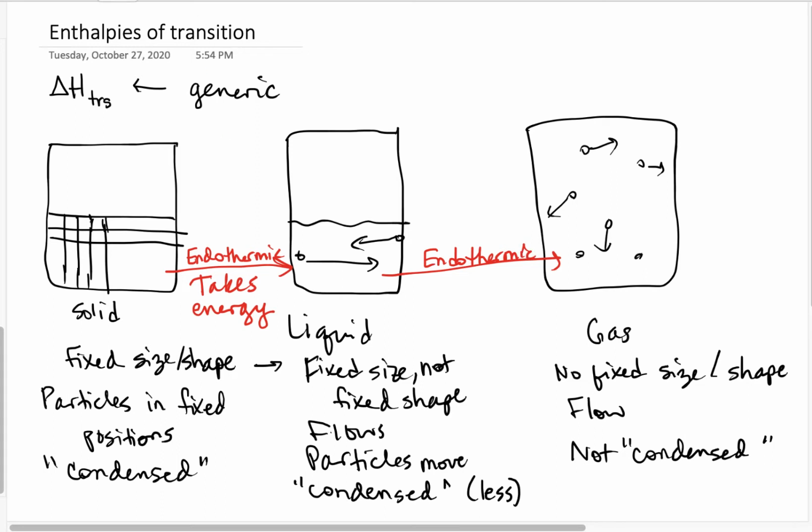But the interesting thing about all of our energies is that each of our energies is reversible. So the amount of energy that it takes to go from a solid to a liquid is exactly the same amount that is released when our liquid turns into a solid.